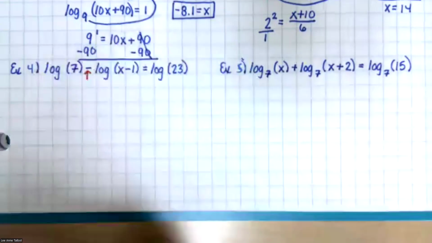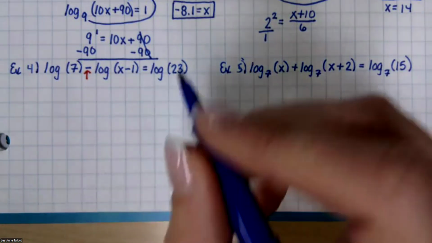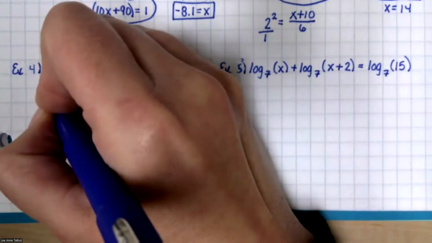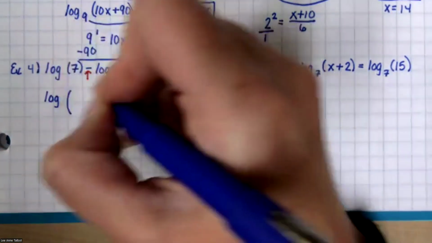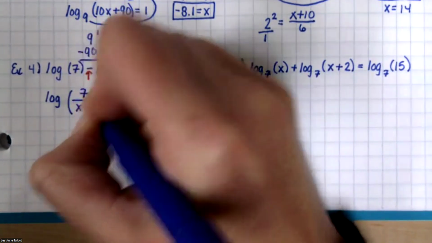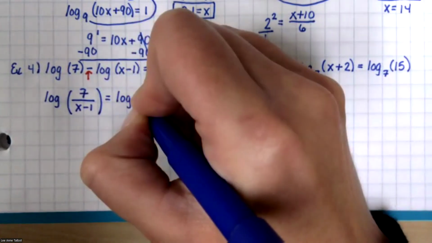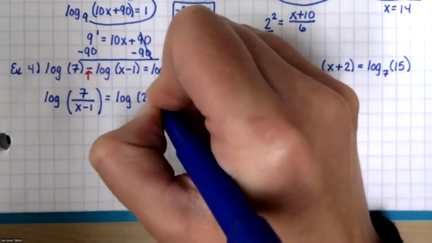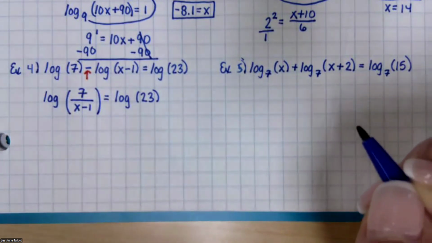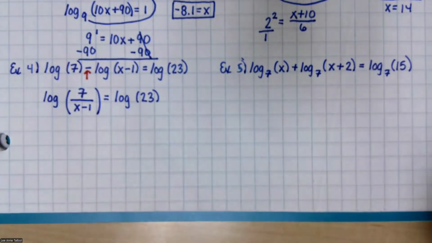First question. What operation is this? Division. Great job. Okay, log 7 over x minus 1 equals log 23. I like this one because there's no base on the log. I'm just that lazy.